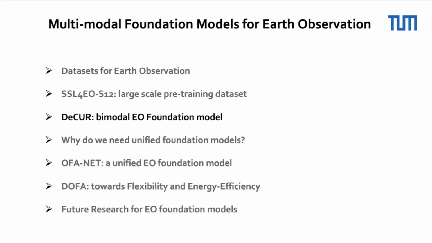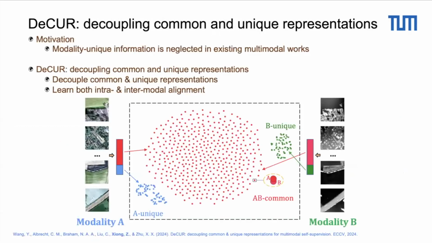Then I will go into a little more detail about our work, which was just accepted by ECCV 2024. As we can see from the title, DeCUR is a model to decouple the common and unique representations from two different modalities. So it is actually a bimodal self-supervised learning method.